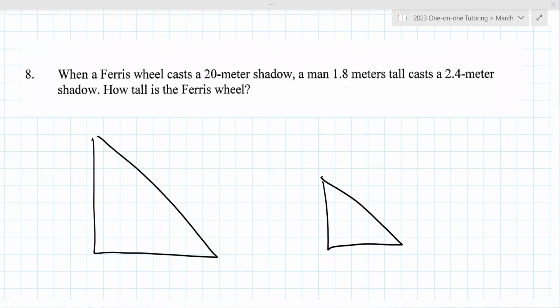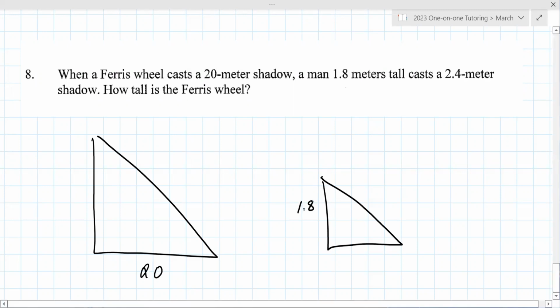So the unit multiplier is 5 and 1.8 times 5 is... that's 45, 90, 9. So what is your multiplier to go from 2.4 to 20? I wrote 1.8. So you've got to be careful.